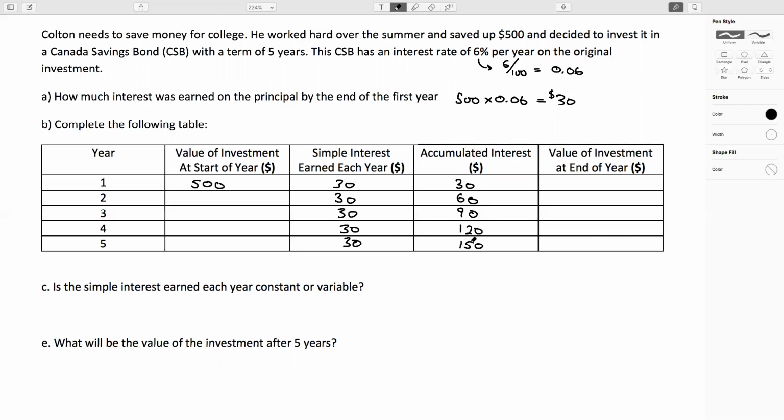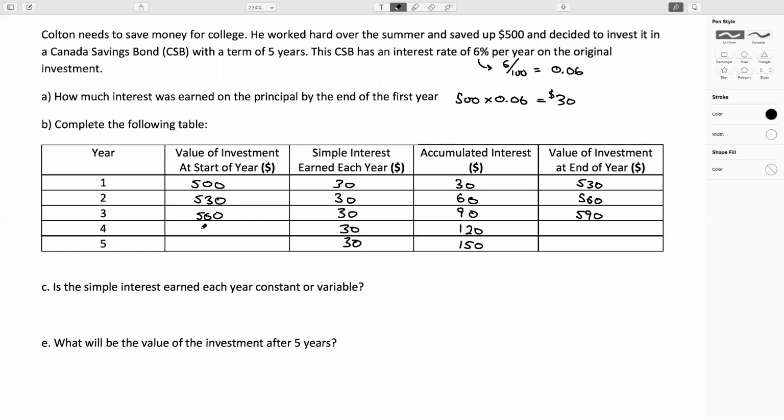And then the value at the end of the year is the interest plus the starting value. So the value at the end of the first year is $530. That becomes the investment at the start of year 2. Add $30 more to it, and you're now up to $560. That's the start of year 3. Add $30 more, you're up to $590.